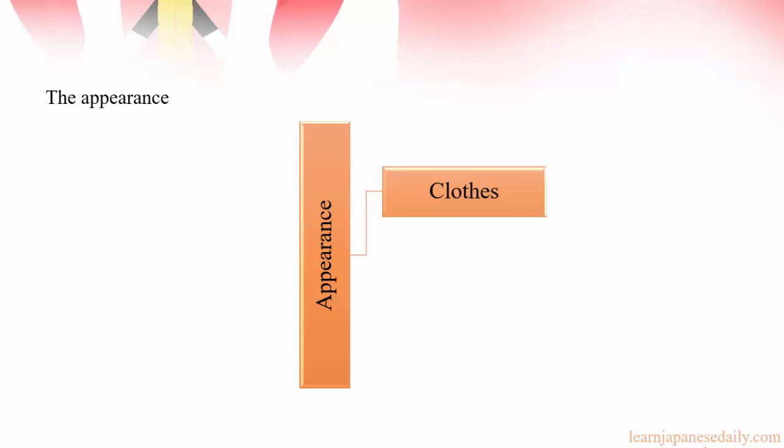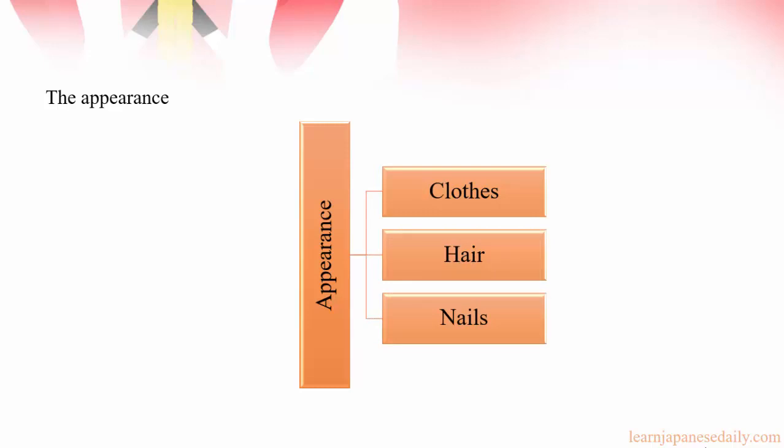In educating employees, some companies guide them in detail from clothes to hair and nails. A Japanese motto is derived from appearance. It means first is always the appearance, then the aim of each thing.